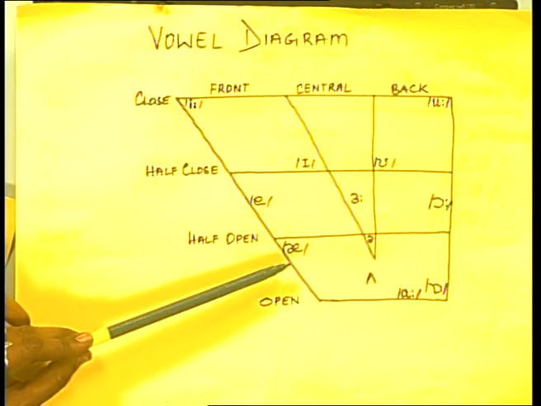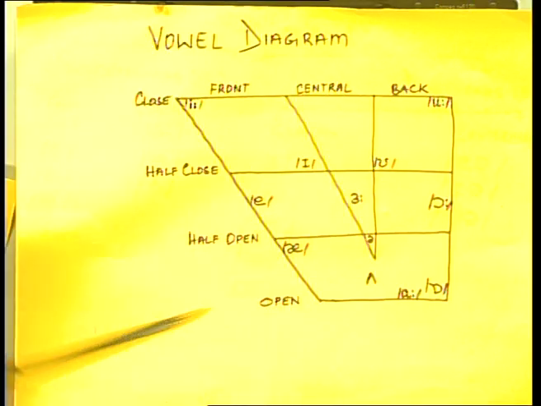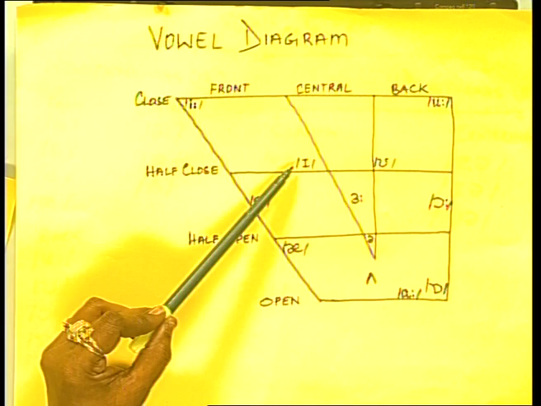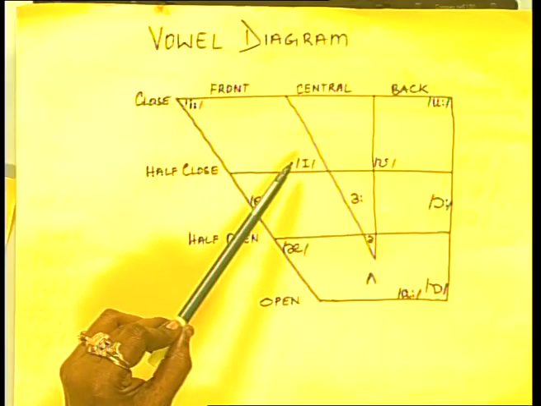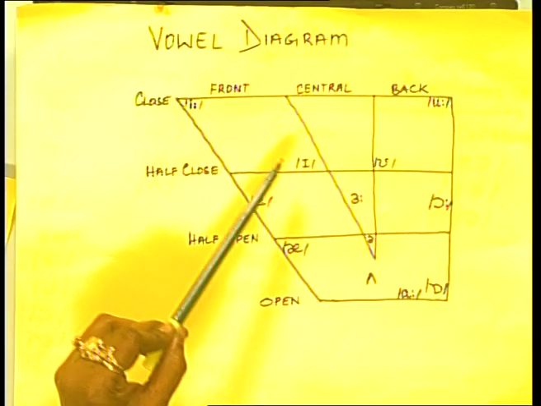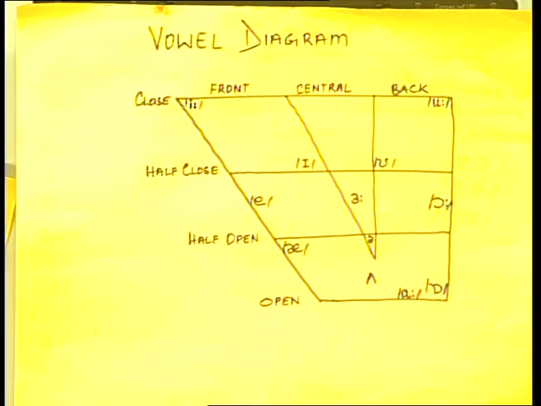The sound A as in apple, act, etc., is present in the front position just below the half close position. Now, the short sound E as in pit, fit, etc., is present in a centralized front portion just above the half close position.